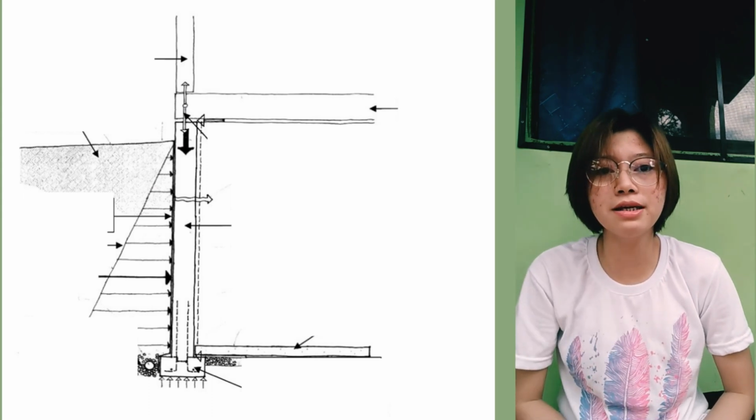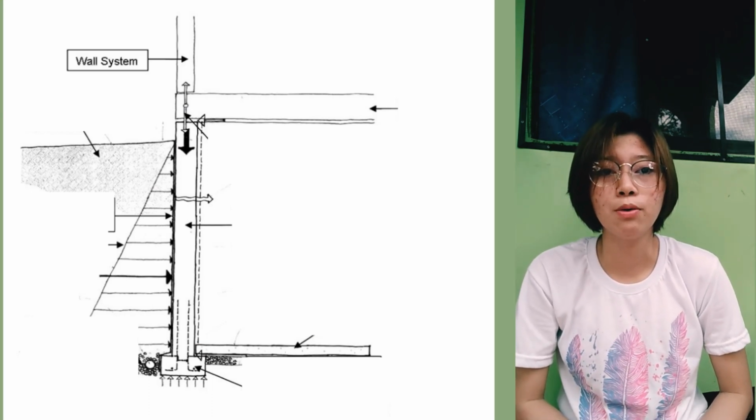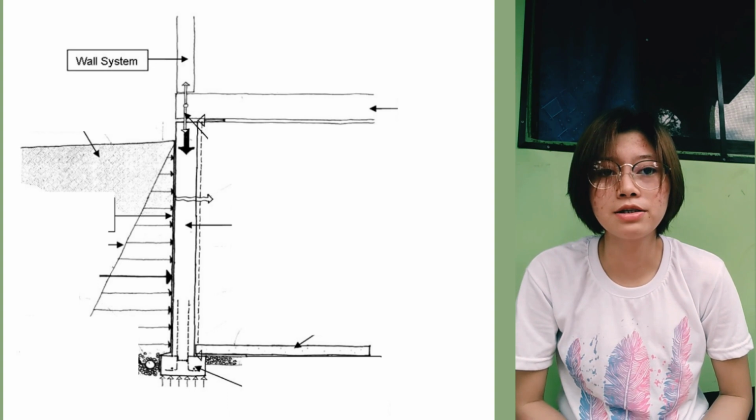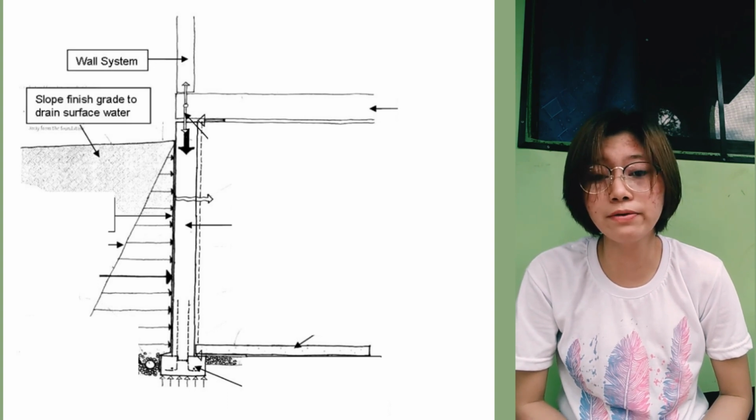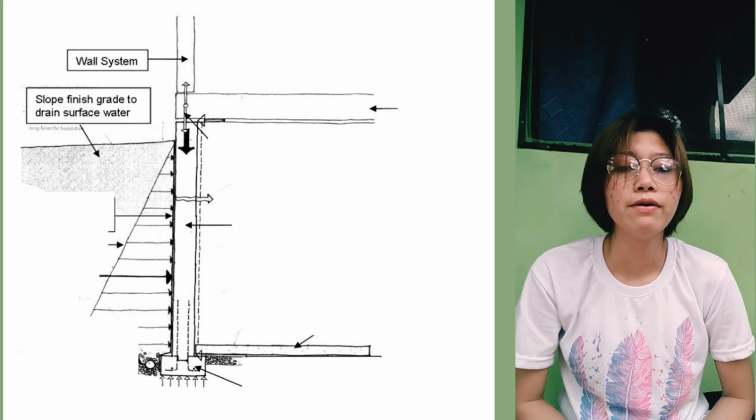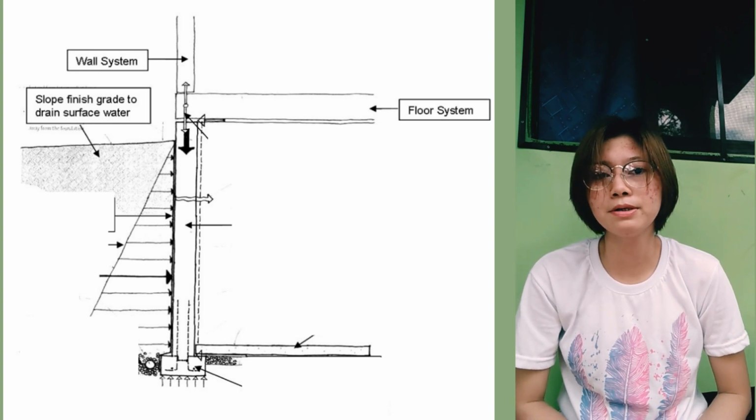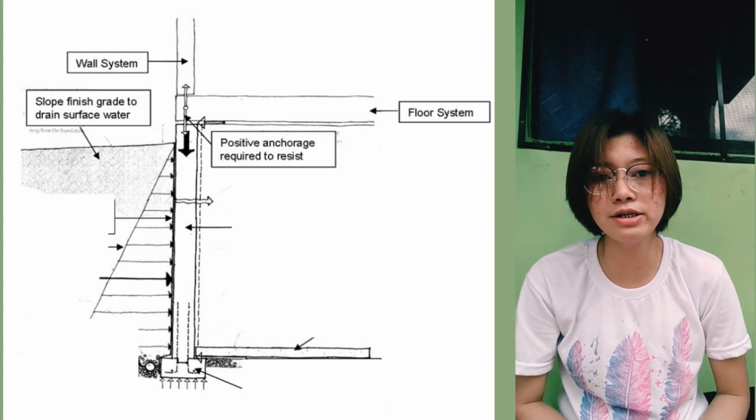So, as you can see in the picture, you will see the wall system, slope finish grade to drain surface water, floor system, positive anchorage required to resist.